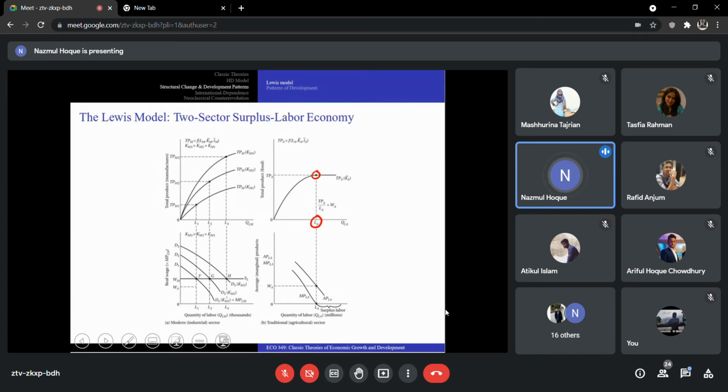So this process will continue until we absorb these surplus workers from the agricultural sector. So what happens once we absorb all the surplus workers? If you withdraw one more worker, that is going to reduce the level of output in the agricultural sector. So output goes down.